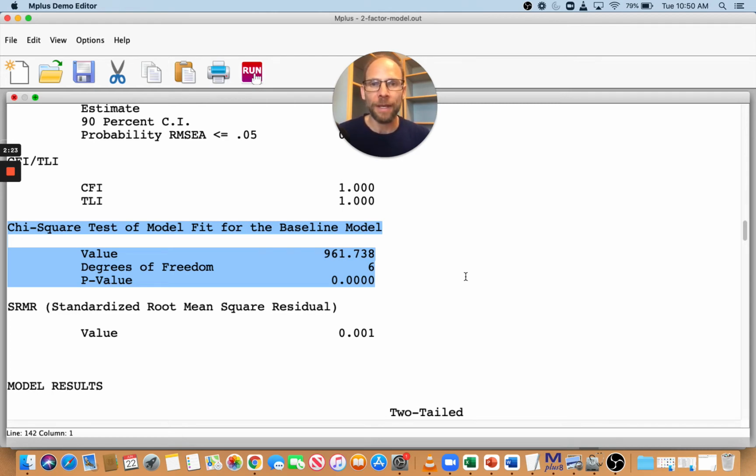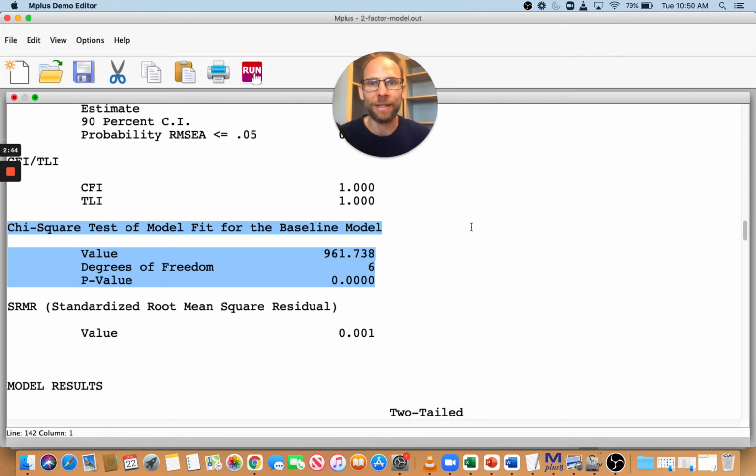In this example here, we have a model for 4 observed variables. So as a result of having 4 observed or manifest variables, we have 6 covariances. With 4 variables, if you covary each variable with each other variable, you have 6 non-redundant covariances.